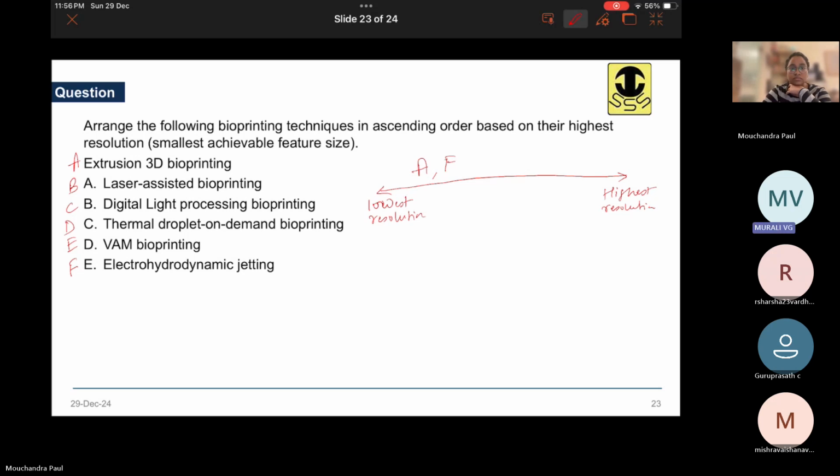C will be in the most right direction, ma'am. Highest resolution. Okay. Second, next to C is D, that is thermal droplet. So will it be towards the left of C or right of C? Left of C, ma'am. Left of C. Okay.